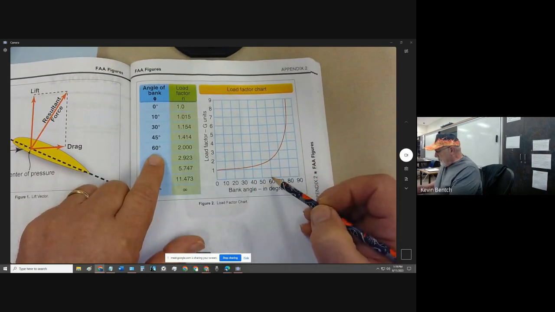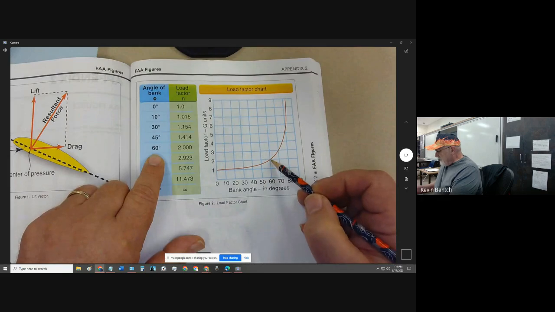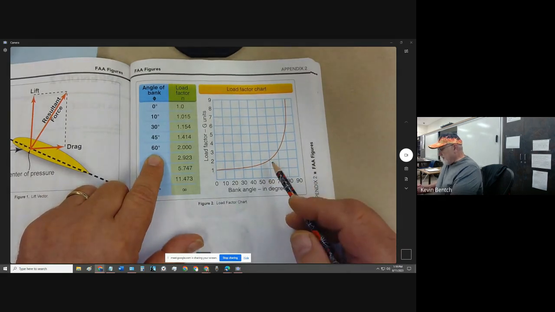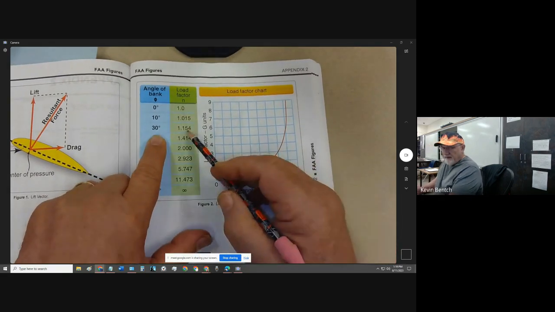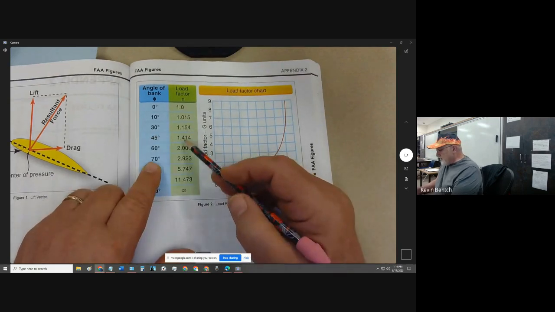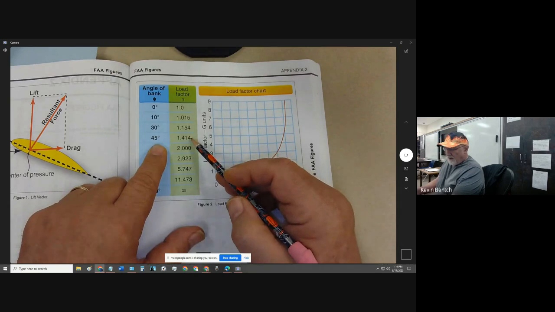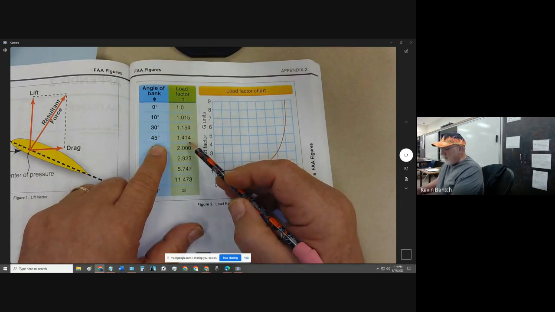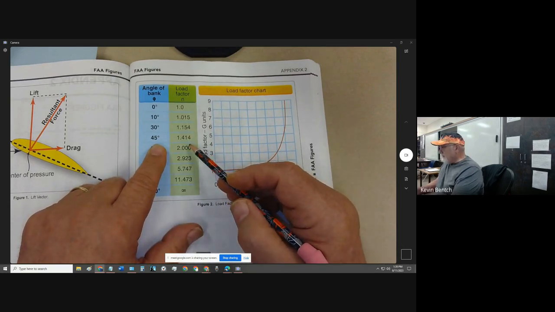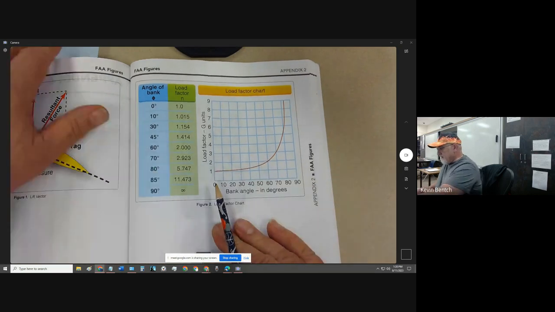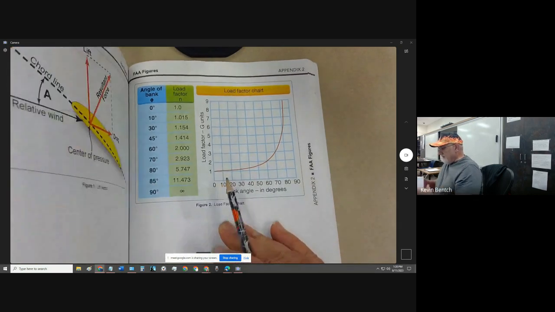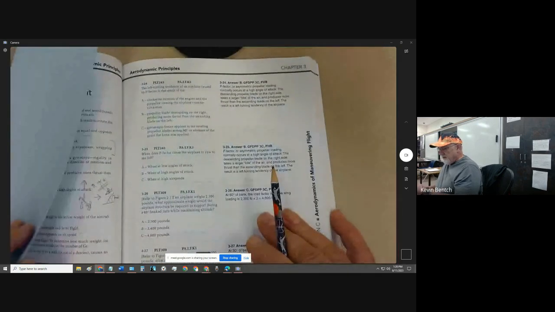So you multiply that 2,300 times 2 and get 4,600. 30 degrees, 1.154, which is what I said a while ago. So I think those are the two answers we're going to need. Oh, we're going to need this one too. 45 degrees, 1.414, which you may recognize as the square root of 2. A lot of this has to do with what you would find out with some trigonometric comparisons with what's going on there.